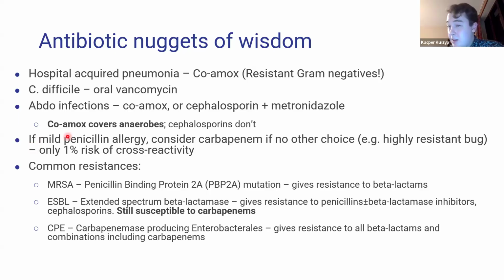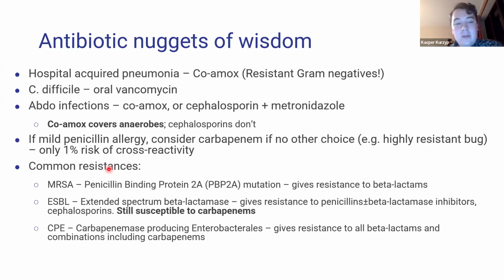But if they are septic with something resistant and their only option is beta-lactams or a bad day, or you could also call it a significant emotional event, you would consider carbapenems as they are highly effective and there is only 1% risk of cross-reactivity.